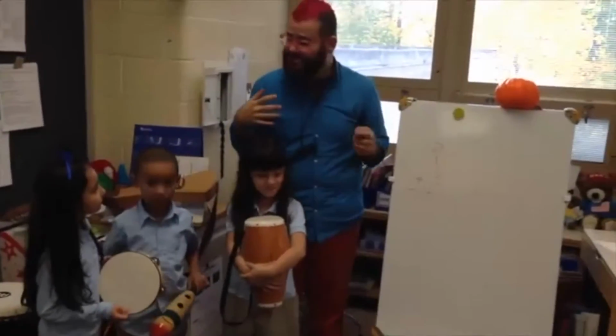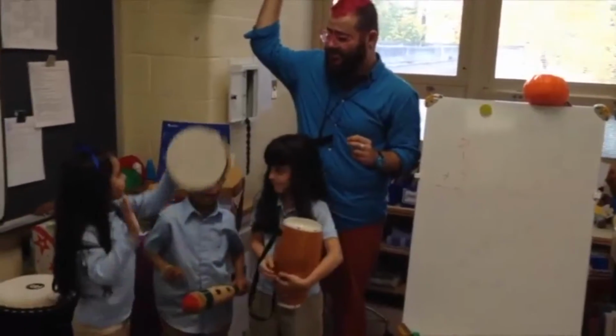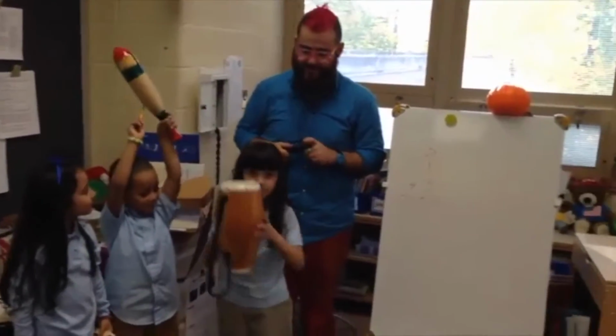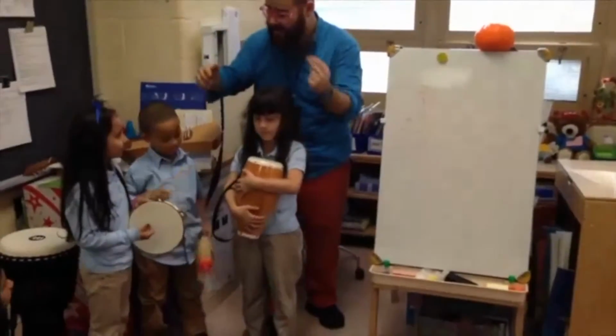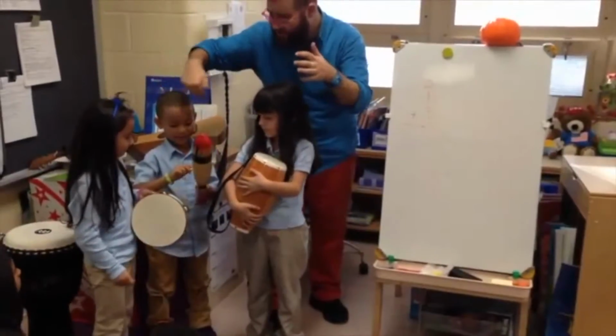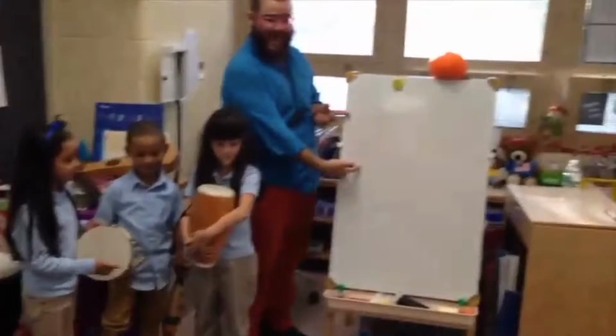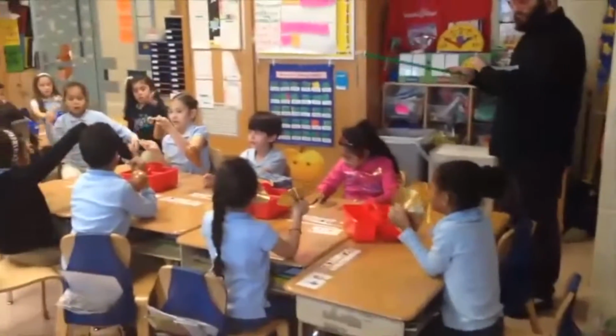Who is the number 2? Raise your instrument for number 2. Raise your instrument for number 1. Raise your instrument for number 3. Ready? Go. 1, 2, 3, 4, 5, 6. What's the answer? 6! Here you go.